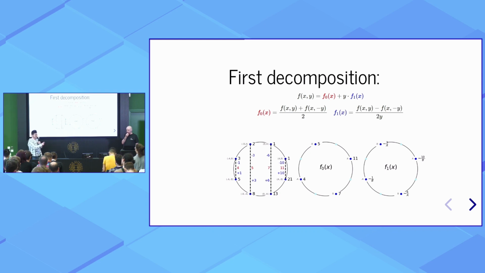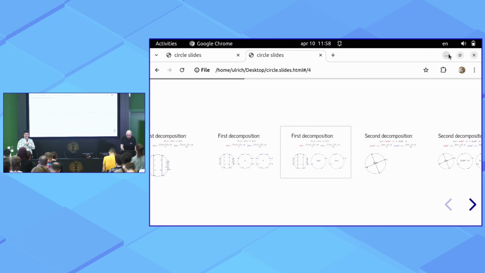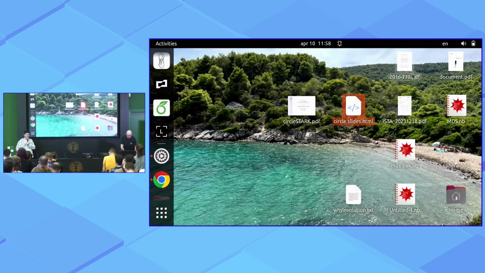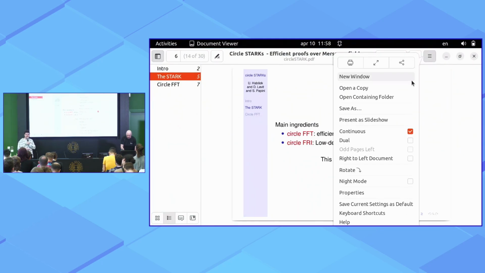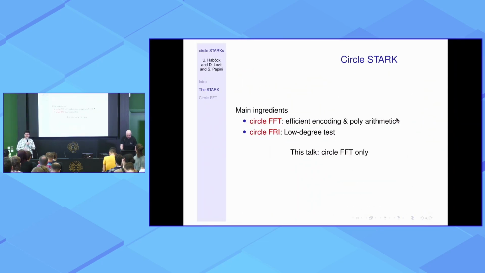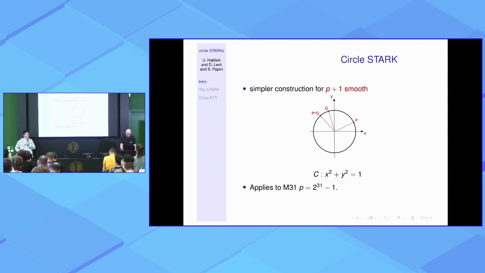Okay, the slides are not here. This is the polynomial space. You take bivariate polynomials and take the quotient by x squared plus y squared minus 1, which is the circle equation. For an elliptic curve you take polynomials modulo the curve equation, and you have another group operation there.